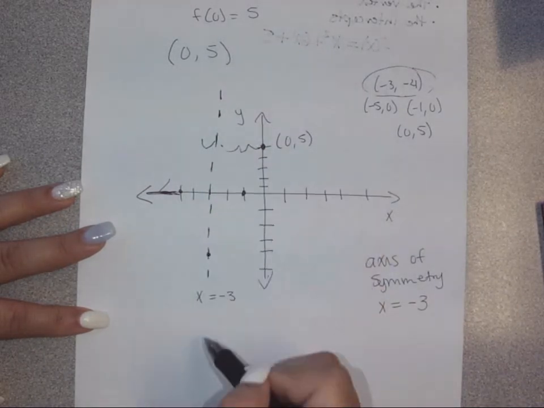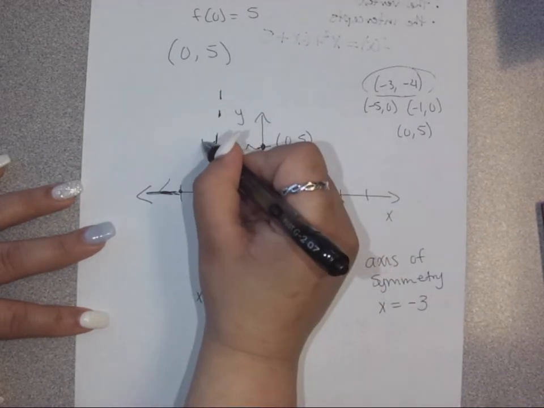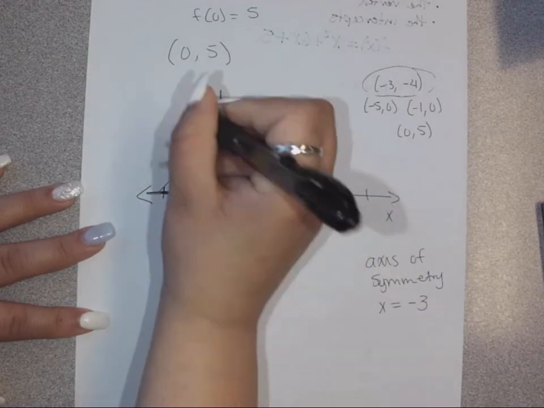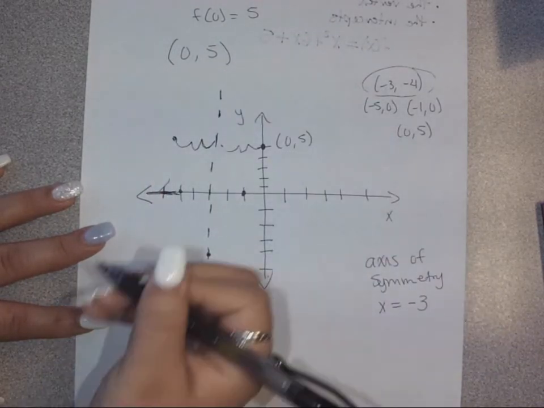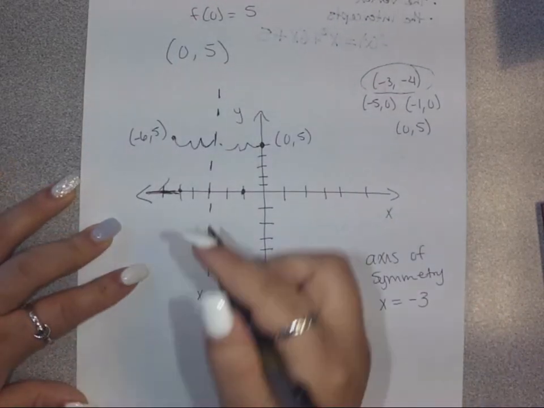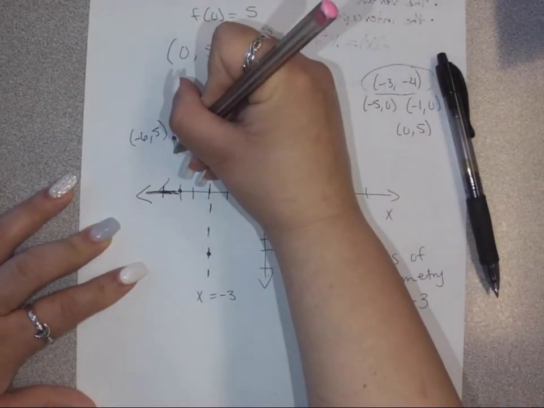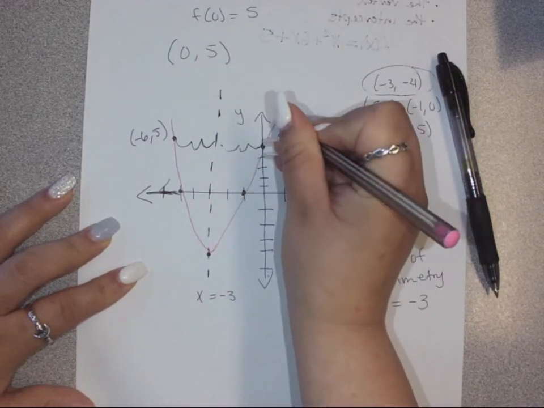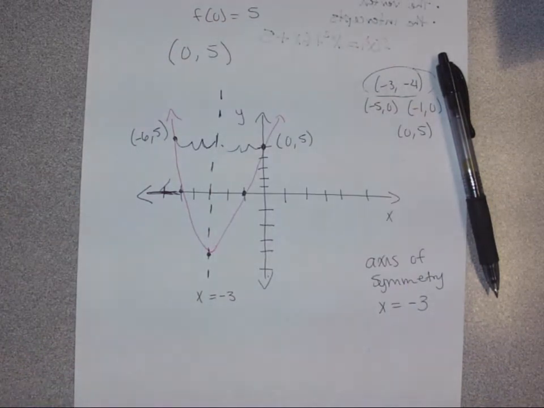So we are at x equals negative 3, and we move to negative 4, negative 5, and negative 6. So the missing point is the point negative 6, 5. Now we have all the information. We can connect our points, make sure you give it a curve, and we have our parabola.